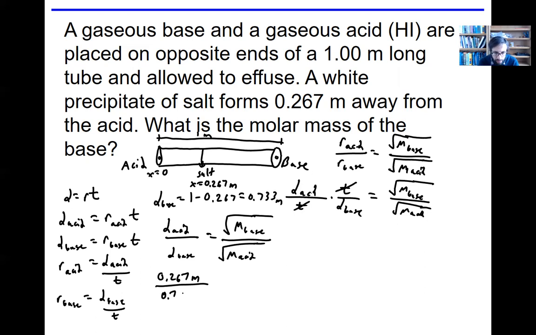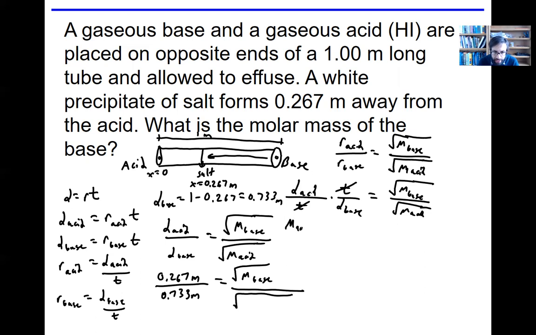So that's what we're going to put in for how far the base traveled. And now we have M base. M base is what we are trying to solve, so we're just going to leave that as a variable. But we can figure out M acid.